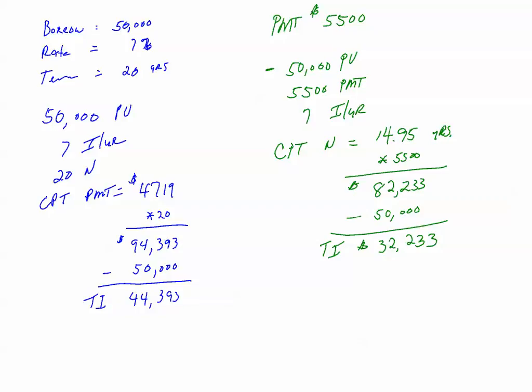Now take a look at the difference it makes. If you take the $44,393, the amount of interest you would have paid if you paid the loan off exactly the way it was set up and made the minimum payment of $4,719, and subtract from that the $32,233, the interest you would pay if you paid $5,500, the difference is $12,160.